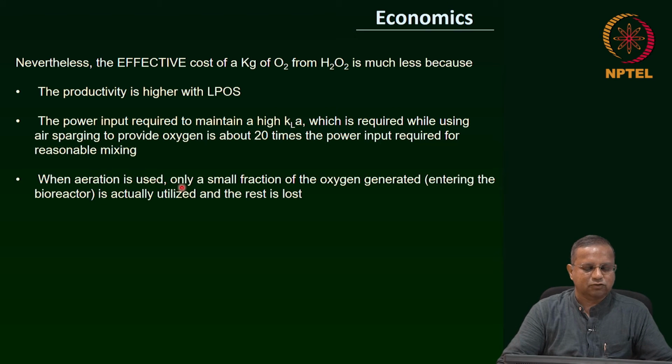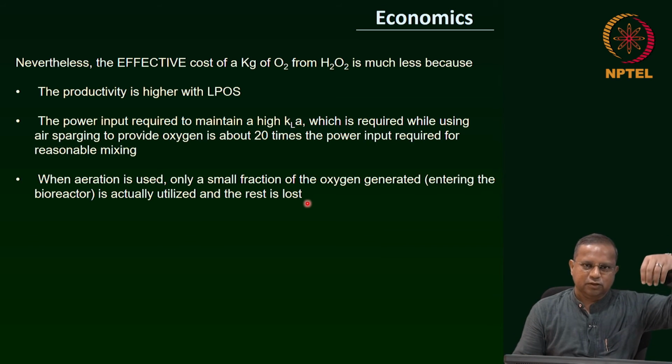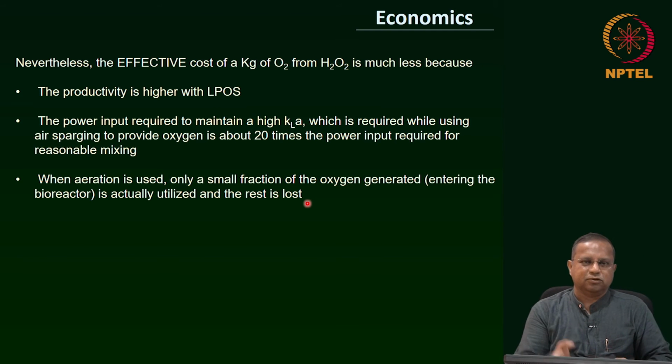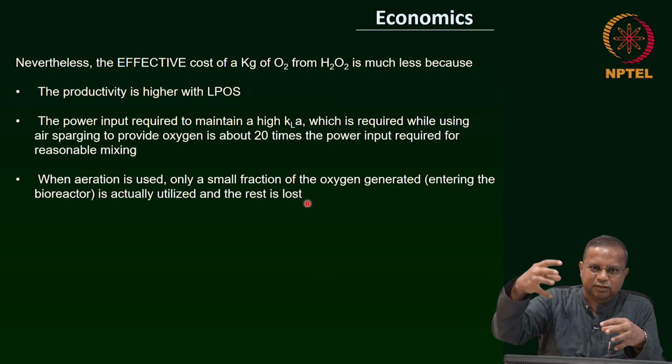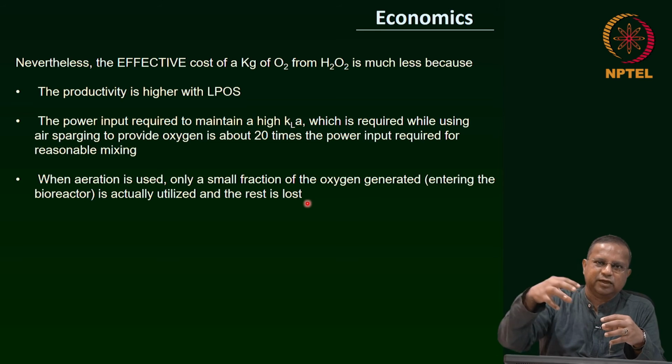When aeration is used, only a small fraction of oxygen entering the bioreactor is actually utilized and the rest is lost. What do I mean by this? When you have aeration, you provide air through bubbles into the bioreactor. The oxygen from the bubbles gets out into the medium in the time that the bubbles stay in the liquid.